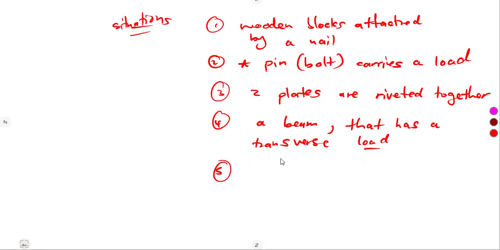We can also have examples of material being punched.